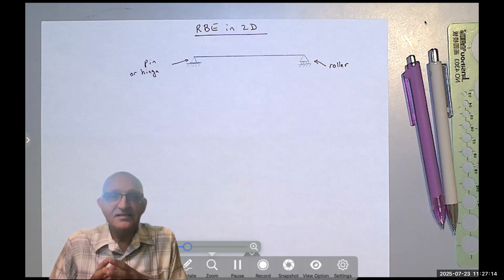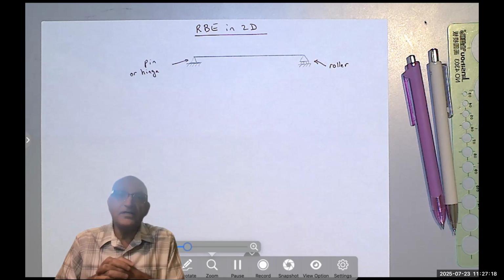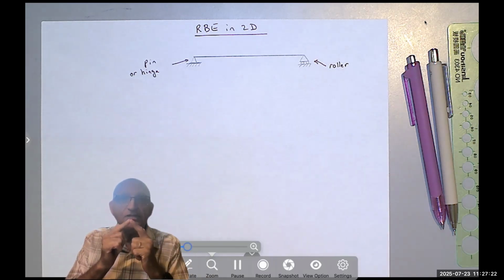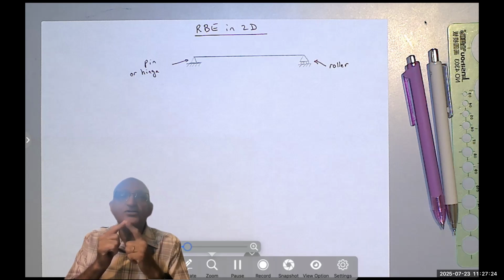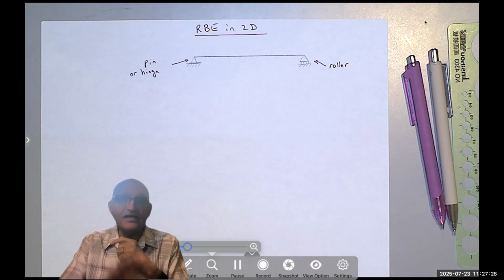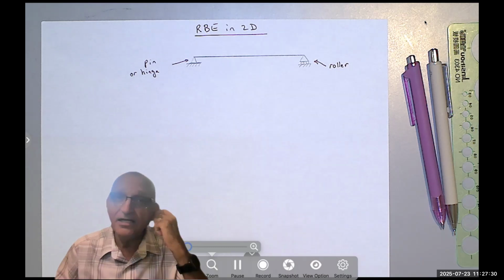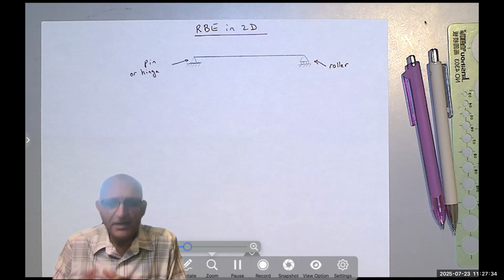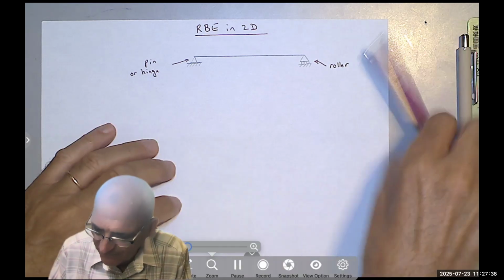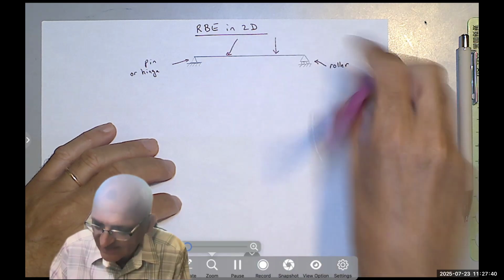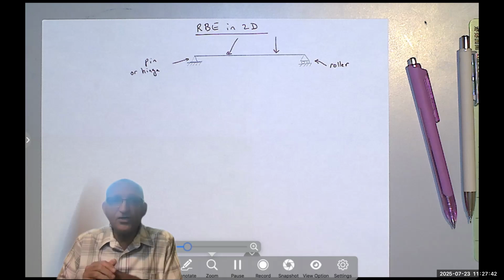We said that in the case of a particle, since all the forces intersect at a point, they cannot rotate this body. The body can move right or left, front or back, but cannot rotate, right? But for a rigid body, if I have a force acting like that here, another force like that, they're not concurrent.